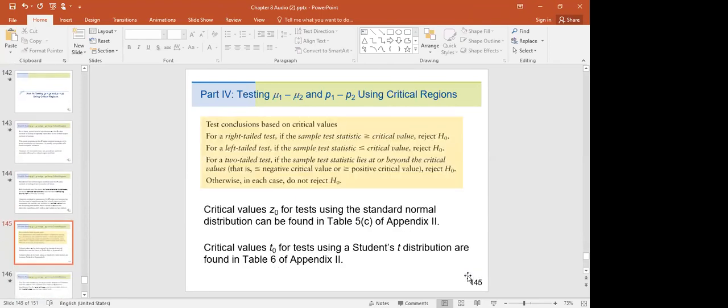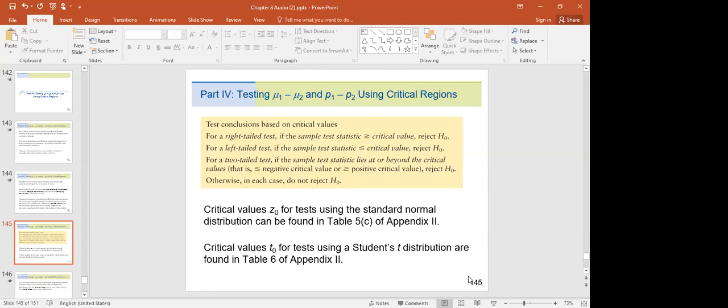The next part of it is how to use the critical value. The main aspect of the critical value is using the level of significance to find the boundaries of the critical region. Just as we said in 8.1 and 8.2, when you have alpha, you can use either the Z or the T. For the Z or the T, you take the value so that the area to the left is alpha.